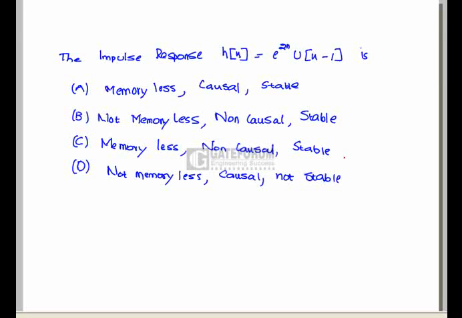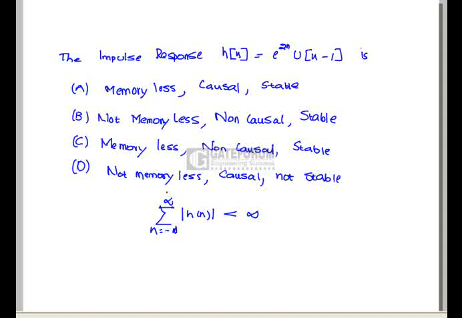Question is, the impulse response h[n] = e^(2n) u[n-1] is given. We need to determine what kind of system it is, that is whether it is memoryless or with memory, causal or non-causal, stable or unstable. See, first we will check stability. Stability means the sum of |h[n]| should be finite.